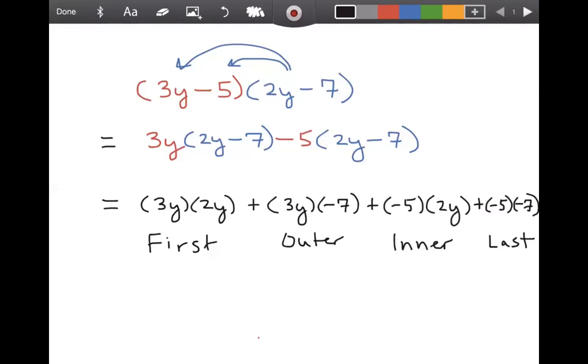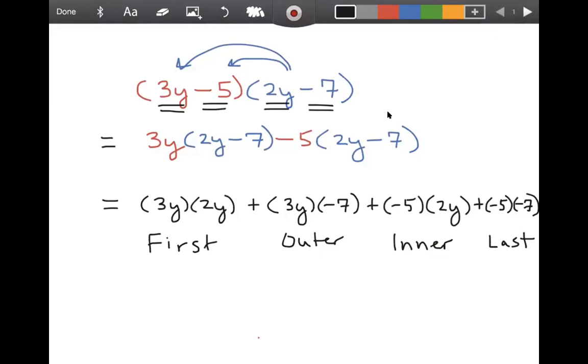And after you distribute the 3y and the negative 5, you end up with these four terms: 3y times 2y, which is the product of the first terms from the binomials, 3y times negative 7, which is the product of the outer terms from the binomials, negative 5 times 2y, which is the product of the inner terms, and then negative 5 times negative 7, which is the product of the last terms.